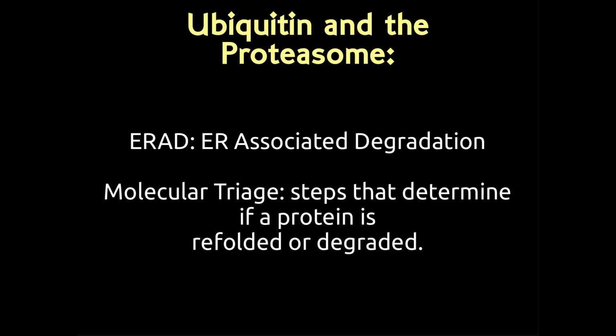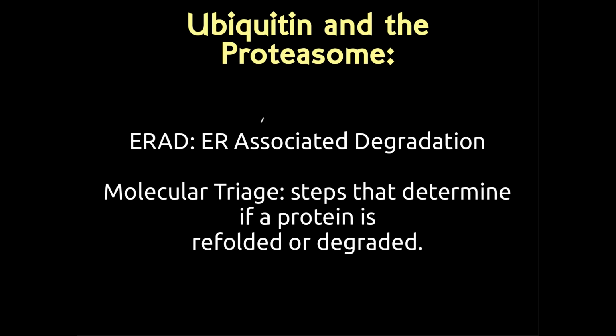Okay, let's talk about another pathway for breaking down and destroying these improperly folded proteins, or this can also happen to proteins that we simply do not want to use anymore. And this is the ubiquitin and proteasome pathway.